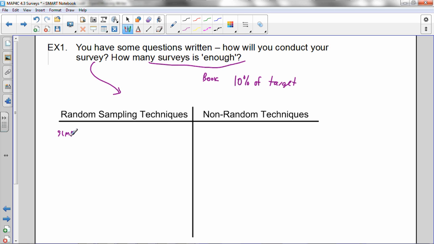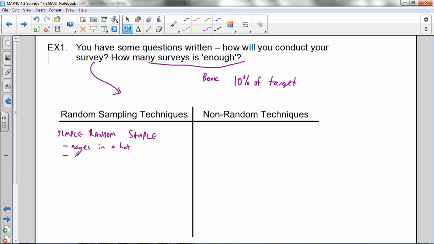The simple random sample is the best one as far as math is concerned. And this is just everyone in the target has an equally likely chance of being selected. For instance, if you put everybody's name in a hat, that's a simple random sample, okay?